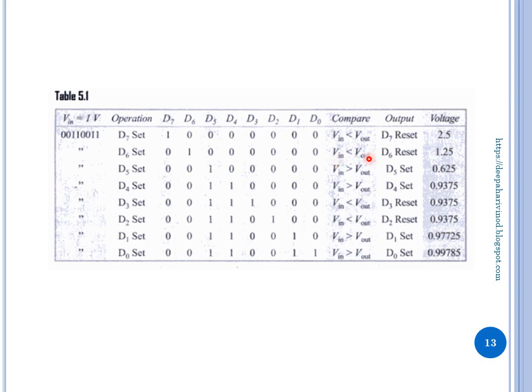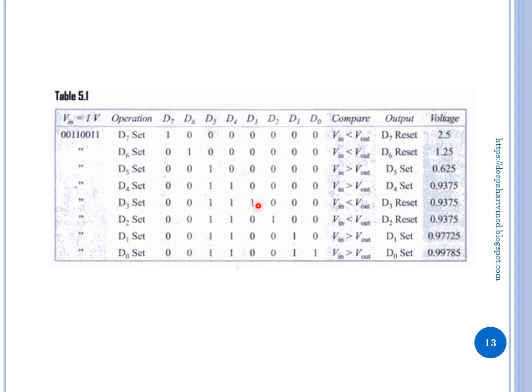So when it compares, then again D6 resets and the next bit D5 is set, and again Vin is compared with Vout. If Vin is greater than Vout, D5 is retained there, and the next D4 is set, checking the comparator, that is Vin is greater than Vout, so D4 is set and it is retained.